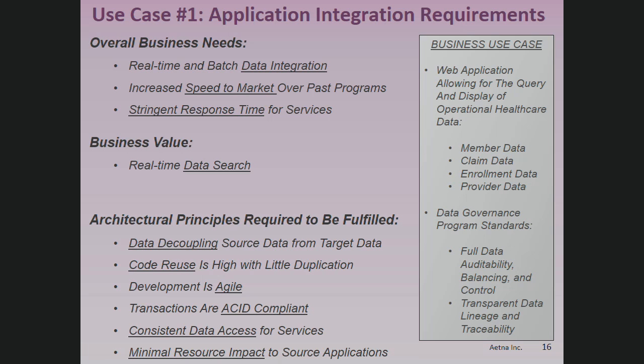The business use case, healthcare, Medicare, Medicaid type data, commercial insurance type data that we talked about before. Data governance requirements coming in, full auditability, traceability. These are the kinds of things that come into the beginnings of projects at Aetna.